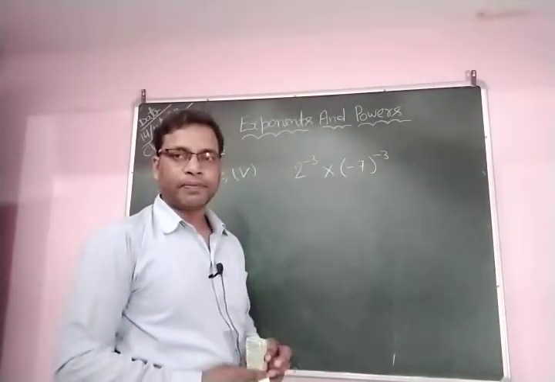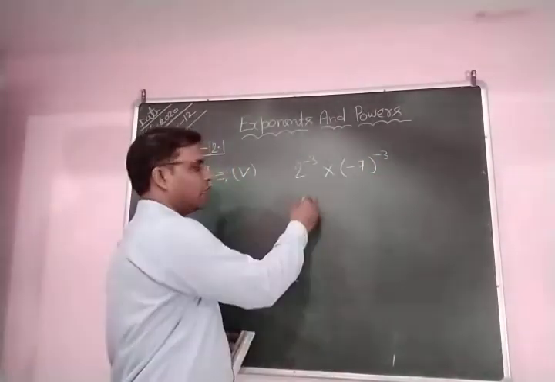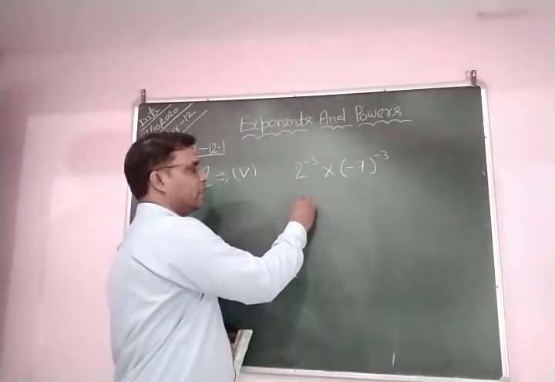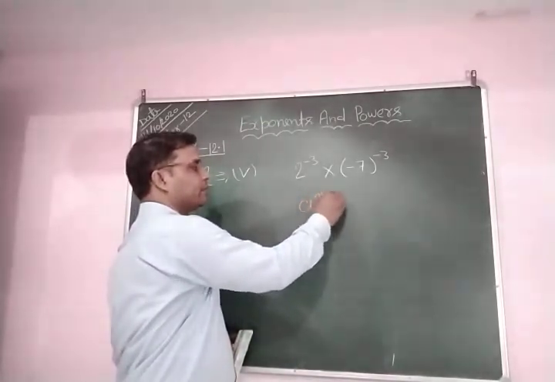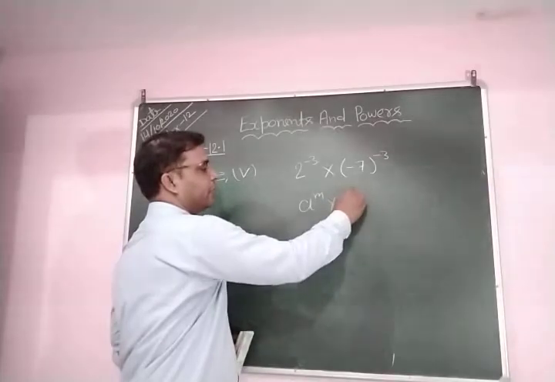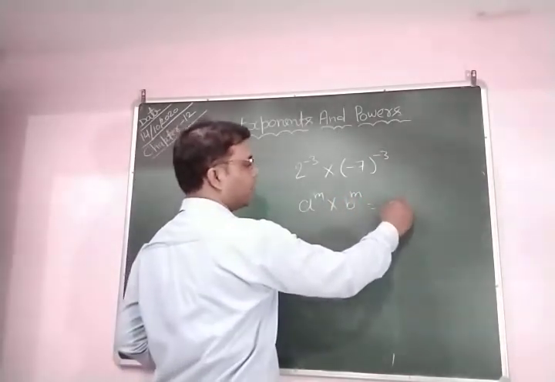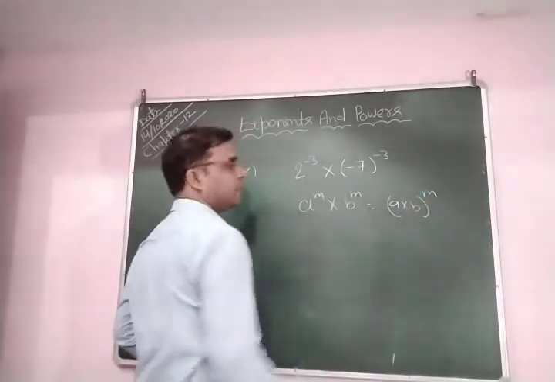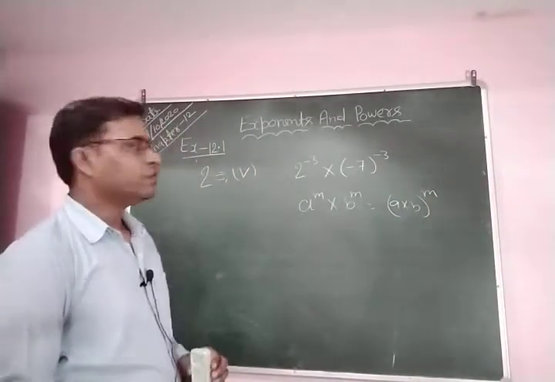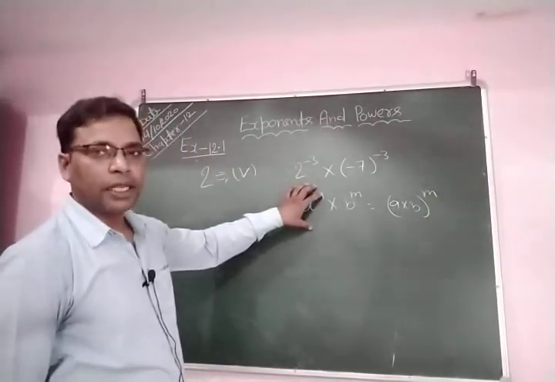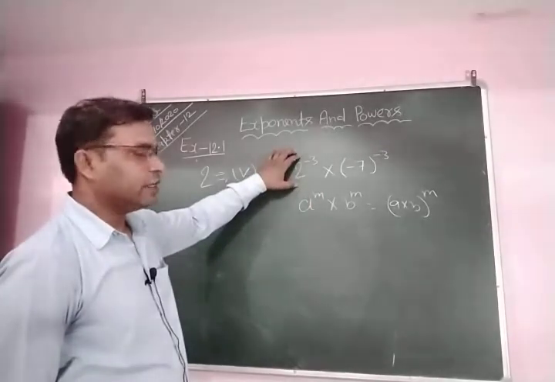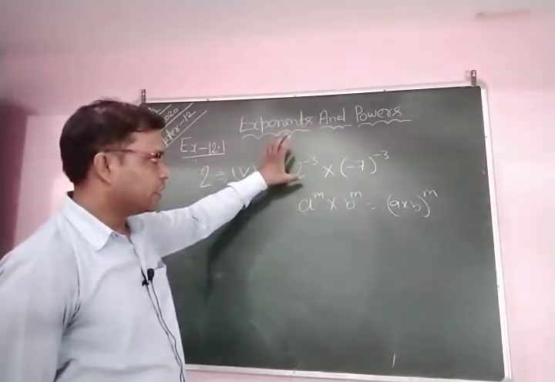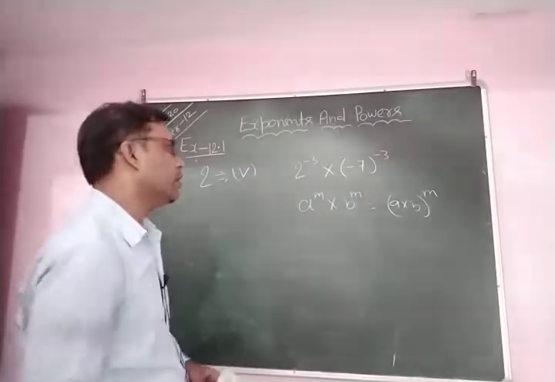I hope you remember this law of exponents: a to the power m into b to the power m is equal to a into b whole power m. So we use this law of exponent and apply it on this question, and we try to solve it.